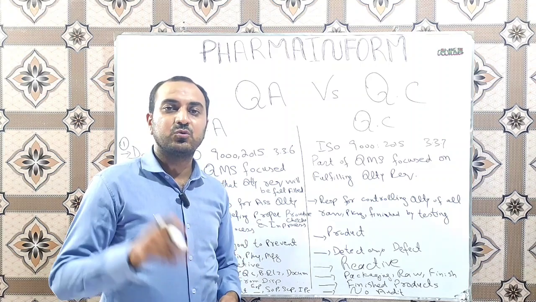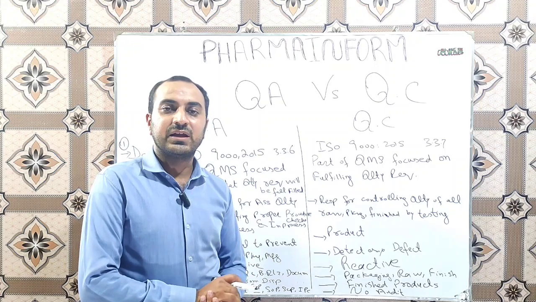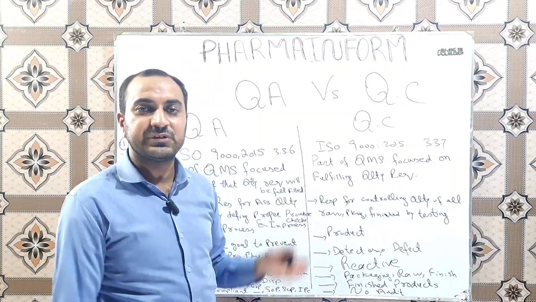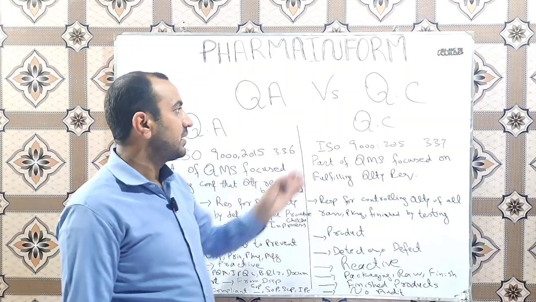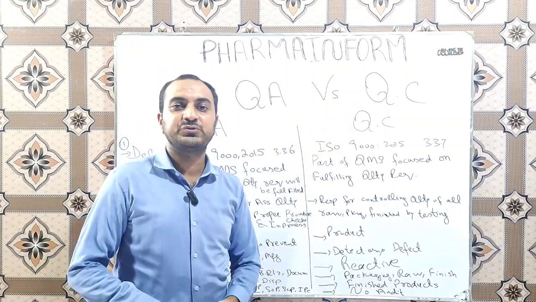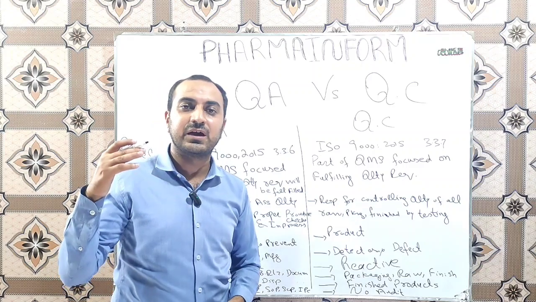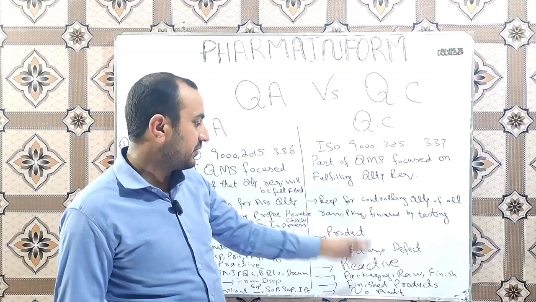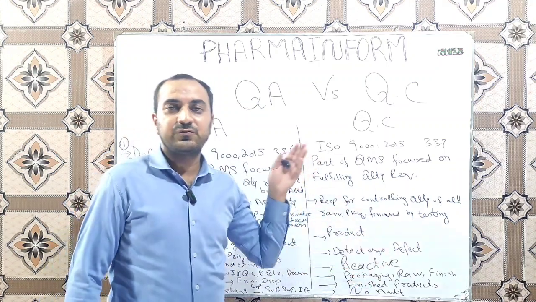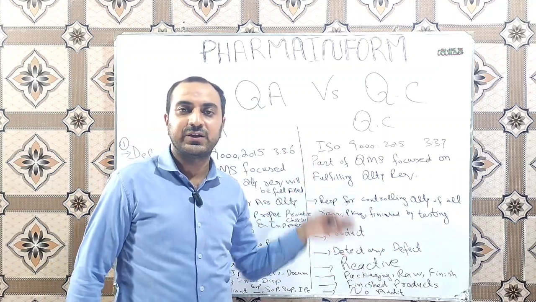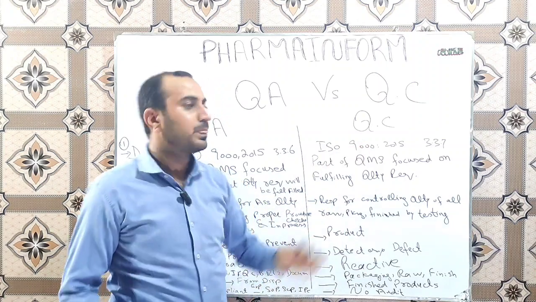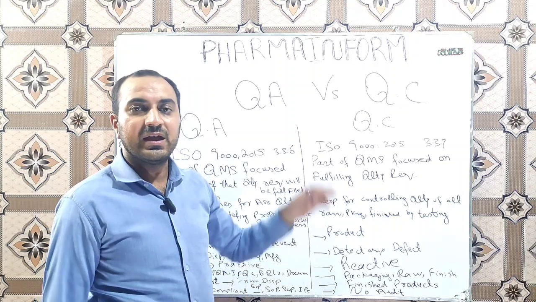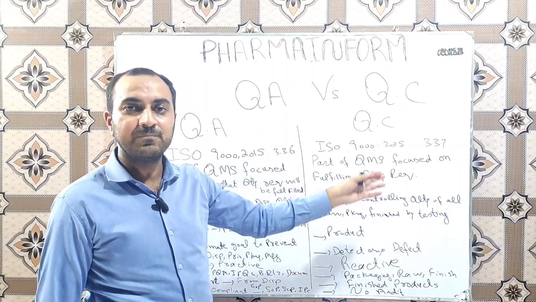Mean, when we want to dispense any product, the line clearance and control of all the dispensing procedures is done by the quality assurance, and quality control's role starts when we complete our product and it is in a finalized form, mean it is in the form of finished product. So when the finished product is sampled and sent to the quality control department, then the responsibility of quality control starts and it starts testing on the product.